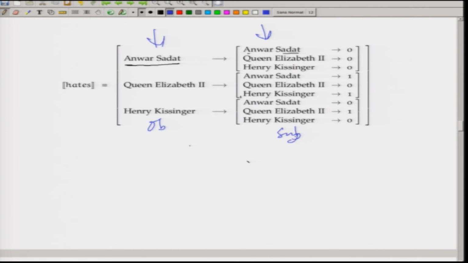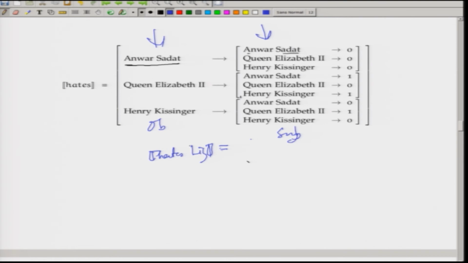Now, this will take the object first, then the subject, right. So hates looks like this, and we have brought QE from the old page, because in our sentence we are considering the construction hates Liz.